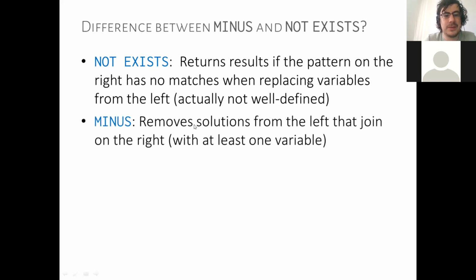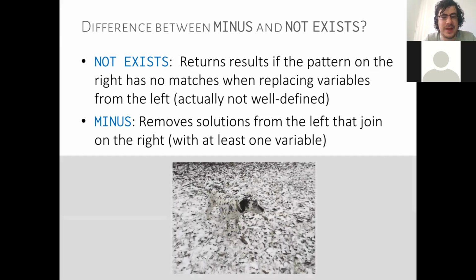On the other hand, minus removes solutions from the left that join on the right, where there's at least one variable in common between both solutions. So, what does that mean in practice? What's the difference between these?